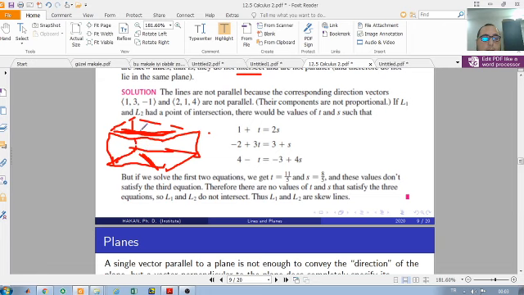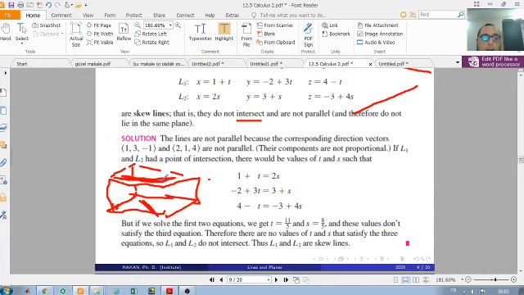So you see they are not parallel because the directions are different, and we don't have any intersection point for them because they lie on parallel planes, such that the positions are different for the planes, in three-dimensional coordinate system. Therefore they are called skew lines, since we don't have any intersection point and they have different directions.